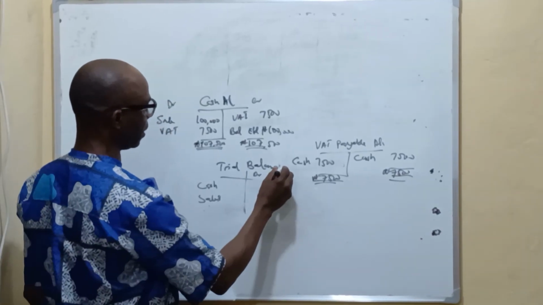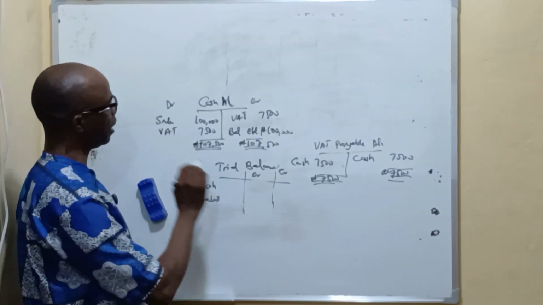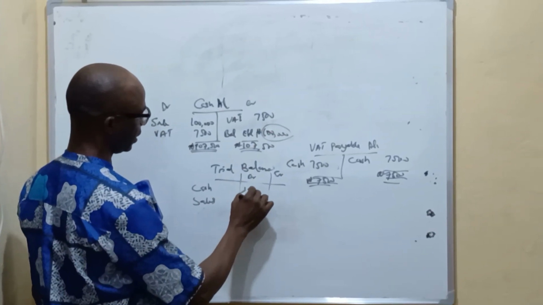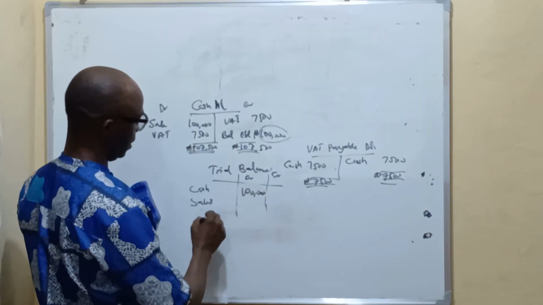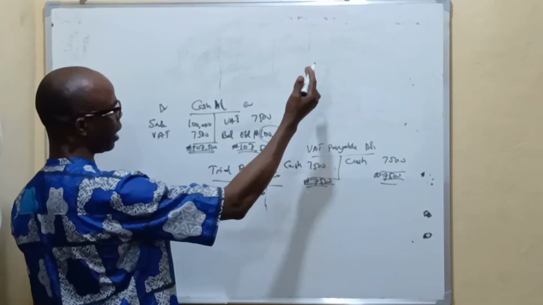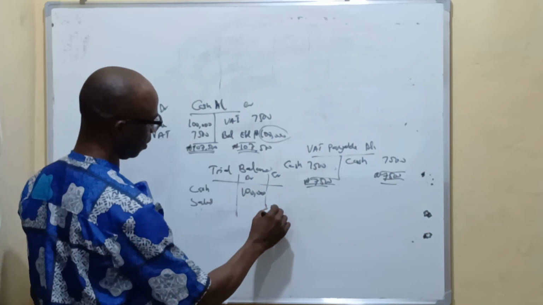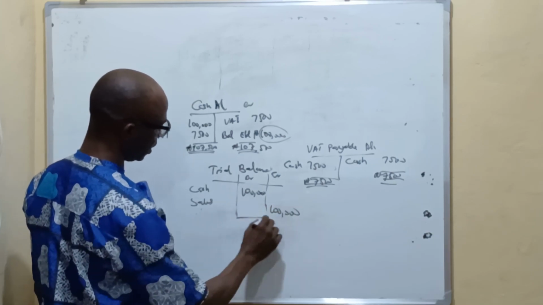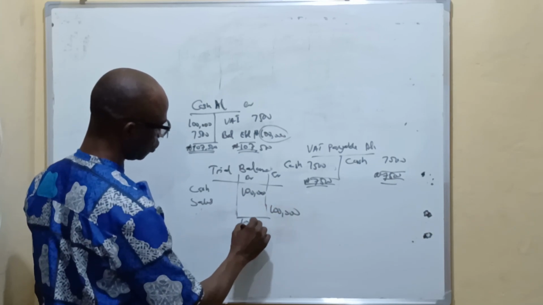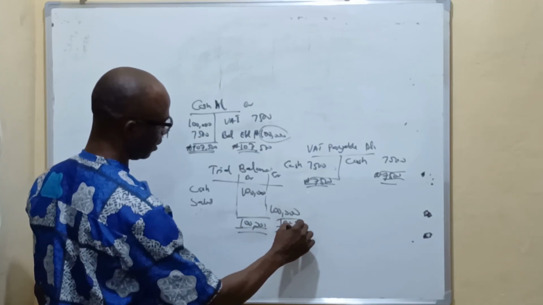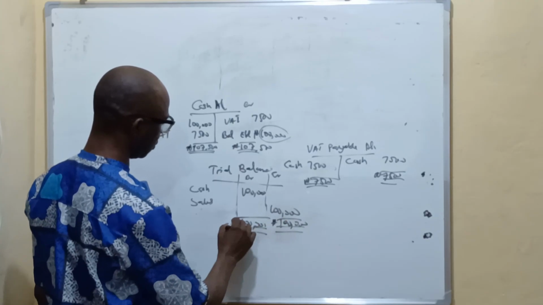On our trial balance, the new trial balance will now be 100,000. I've wiped off the VAT, and the sales will now be 100,000. So you see the new trial balance, which shows that we have paid the 7,500 to the tax authority.